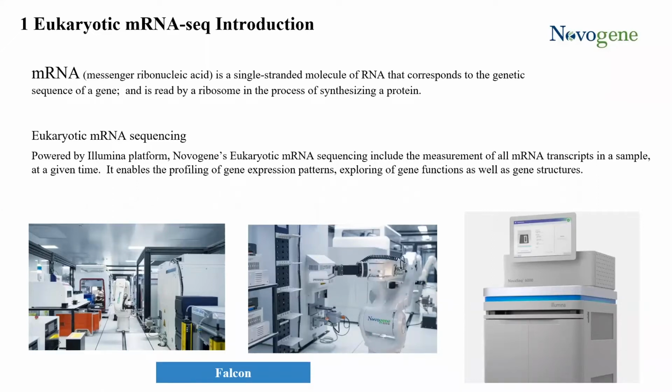Powered by the Illumina platform, Novogene's eukaryotic mRNA sequencing includes the measurement of all the mRNA transcripts in a sample at a given time. It enables gene expression profiling, as well as exploring the gene function and gene structure. The picture that you're seeing at the bottom is the Falcon platform at Novogene.